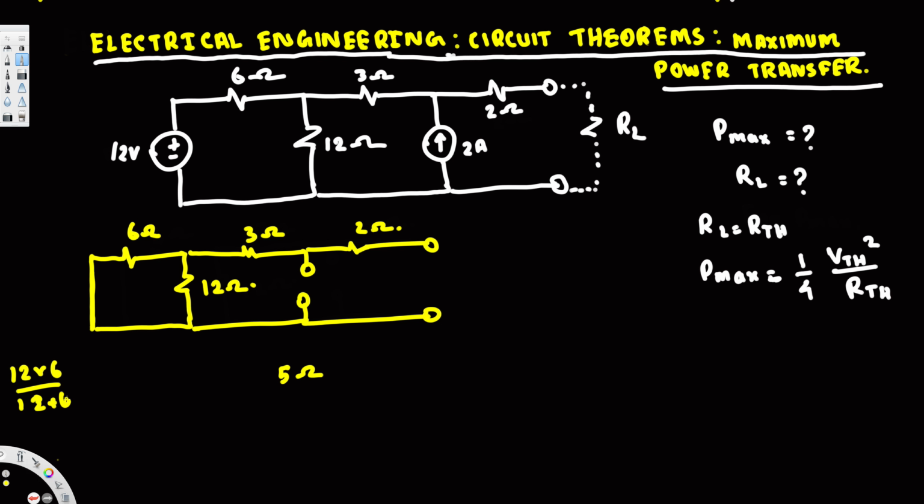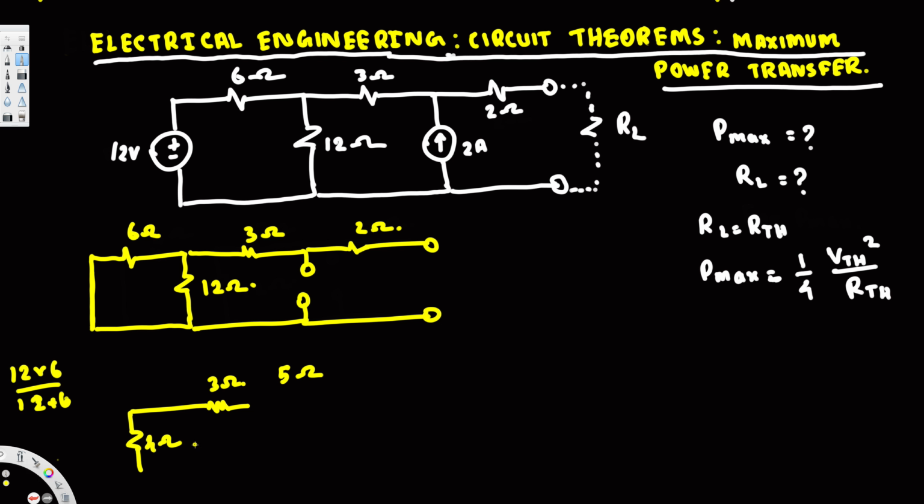So 12 times 6 is 72 over 12 plus 6 is 18, so it's going to be 4 ohm. So we are going to have 4 ohm right here, and here we are going to have this 3 ohm. Now these two are in series, so 4 plus 3, the equivalent resistance.